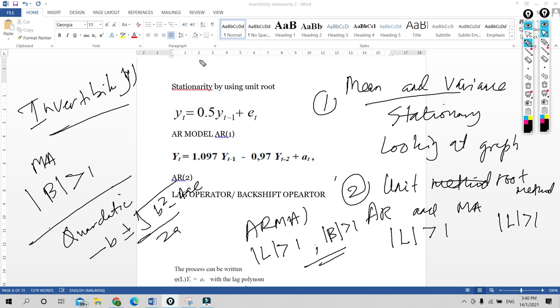Let's say the solution is L1 equal to A plus Bi, and L2 equal to A minus Bi. The condition is that the absolute value of L1 and L2, which is the square root of A squared plus B squared, must be greater than 1. Then it can be considered a stationary time series.